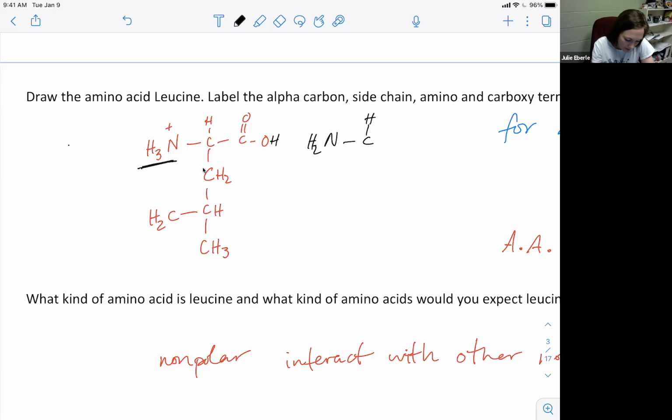So what's going to happen is we are going to lose one hydrogen from the amine group and this OH. So we're going to dehydrate. These are often called dehydration reactions. Dehydration reactions are often the opposite of hydrolysis.